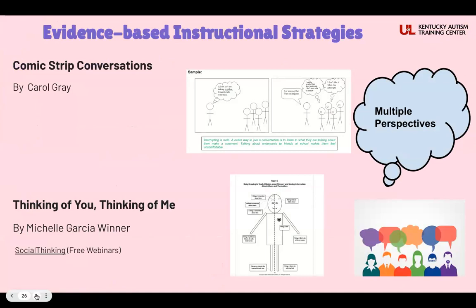And look, you can draw stick figures. It's great. The bubbles are thought bubbles and conversation bubbles. She even has colors that represent different things. So this is a way to teach explicitly about relationship types of information, which we know can be a little bit challenging for our individuals with autism.